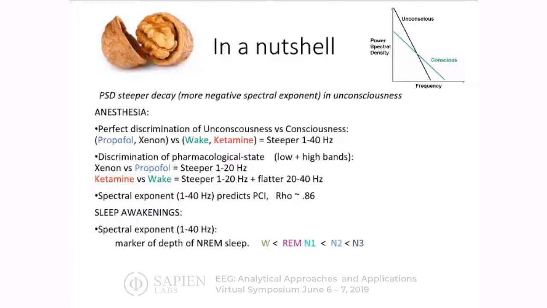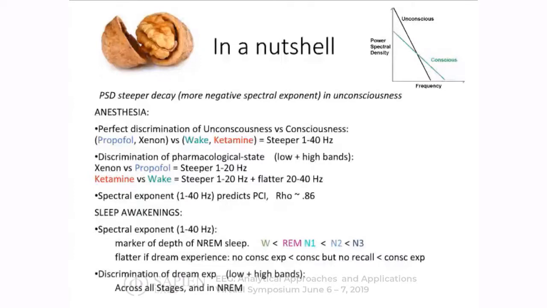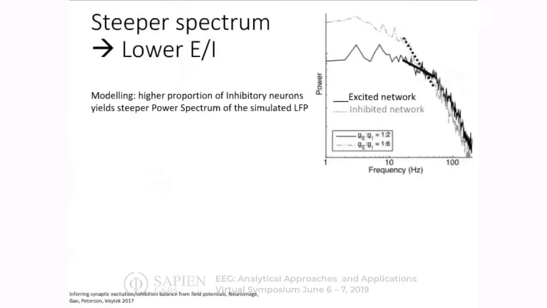And during the awakening, we had a progression going from wakefulness to REM and N1, and then becoming more steep in N2 and then in N3. We had this pattern consistent with a flatter spectrum if the dream experience was present, and using the spectral exponent in the two bands, we were able to discriminate whether experience was present or not.